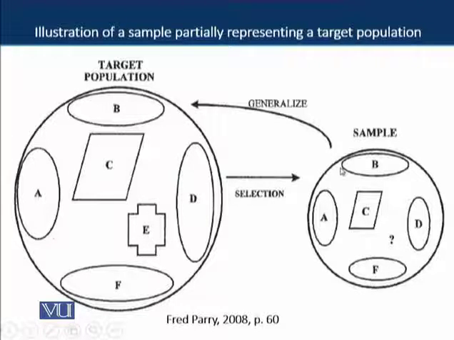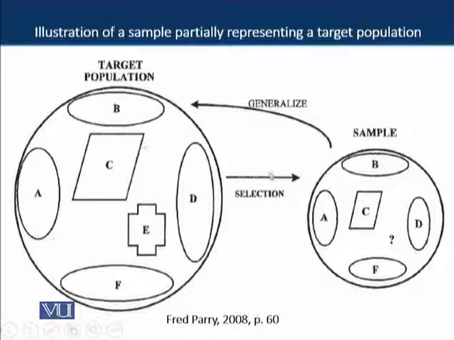So you cannot really generalize from such a sample. The findings and results may not be generalized to the whole target population in this case. This is the sampling where the sample is only partially representing a target population. So we must avoid this sort of sampling.